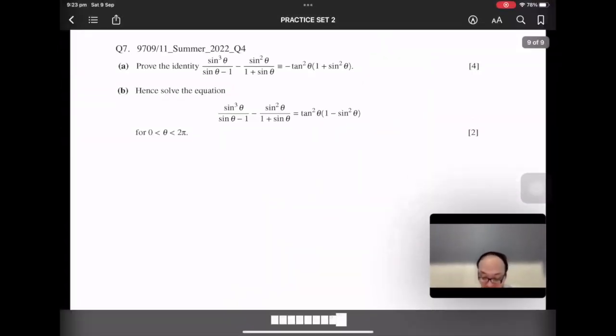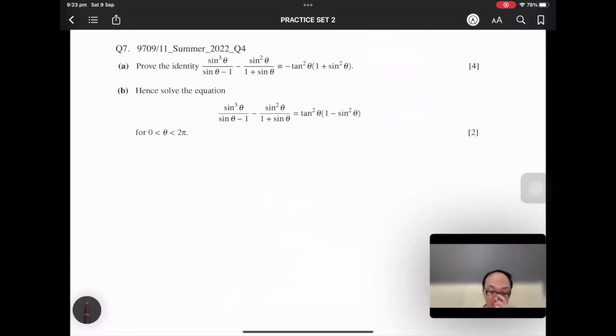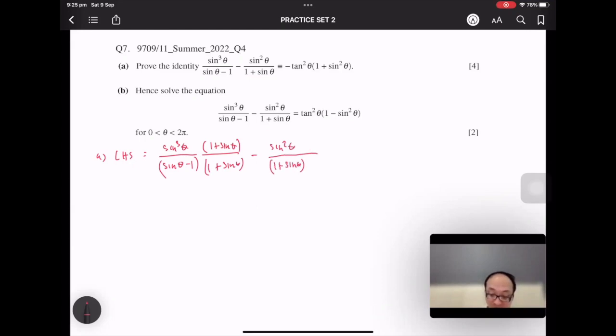I think this is the last question. Prove the identity. So from the left hand side, sine cube theta over sine theta minus 1. So I multiply this by 1 plus sine theta, 1 plus sine theta, minus sine square theta, 1 plus sine theta, times sine theta minus 1.